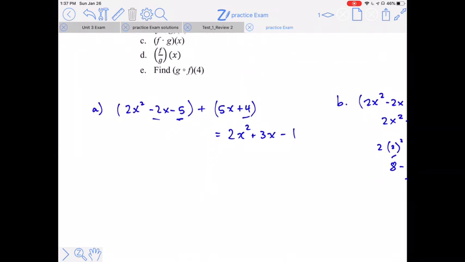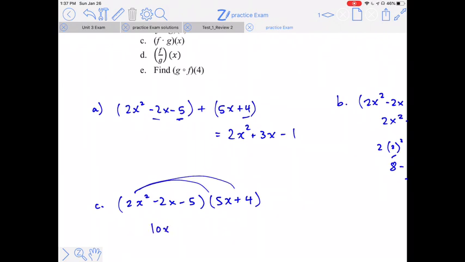For part C, f times g. We're going to use the distributive property. So 2x squared needs to multiply both terms. And then negative 2x multiplies both terms.